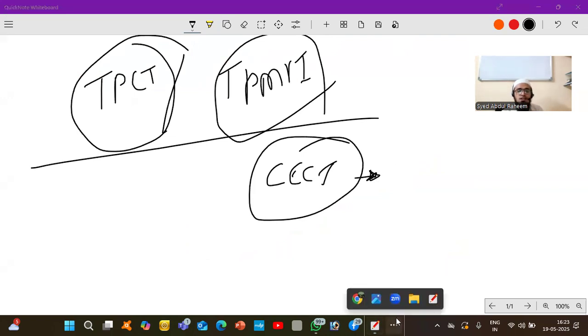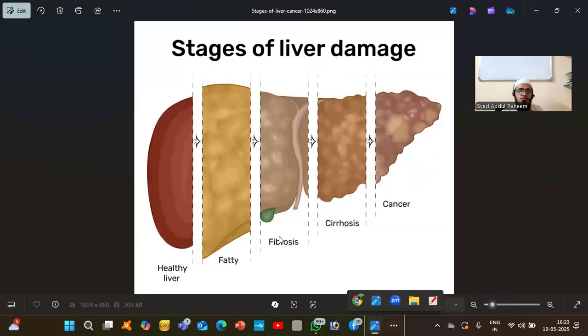Another pathological condition, which I already showed you, is fatty liver. What is fatty liver? The liver stores fat in its areas, but we call it fatty liver when an extra amount of fat is stored in its parenchyma, the liver cells.